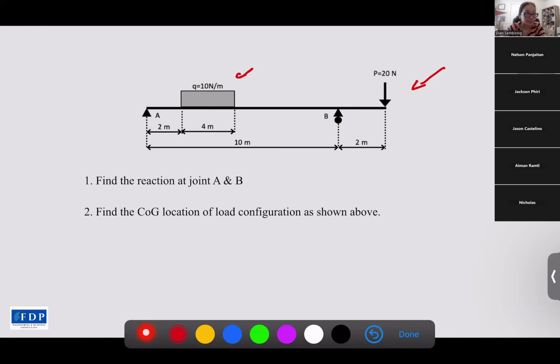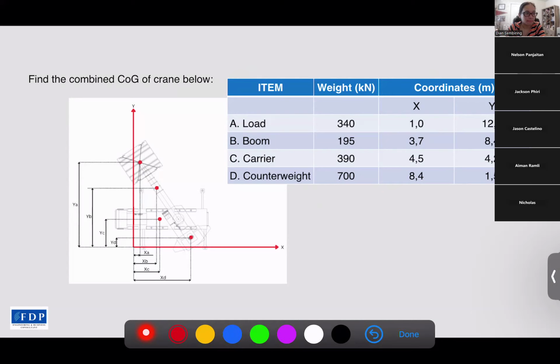The second one is we have a mobile crane here, right? So we are going to find the COG location for this crane during the lifting. The load will be here. We have the boom here, and then the carrier, let's say here, and the counterweight is here.